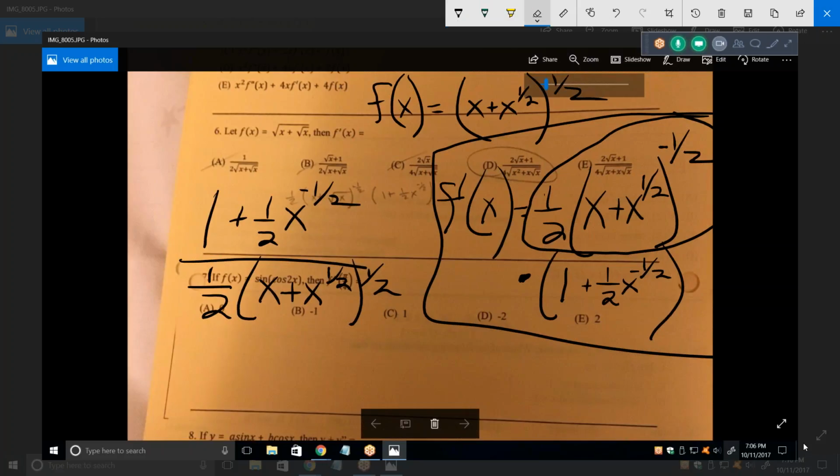That should be a 2. In other words, the 1/2 was not being taken to the negative 1/2. So that is just a 2. Okay, now let's see what happens when I put radical signs back in.